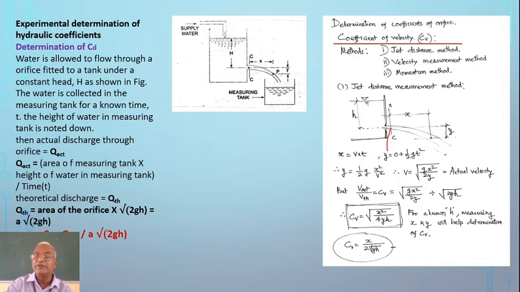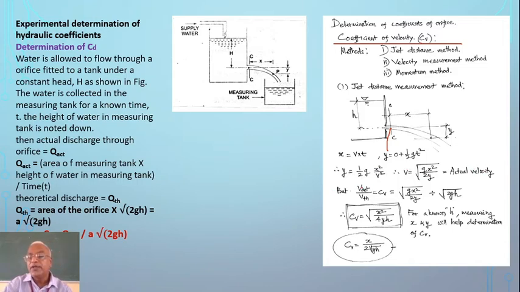If you get rid of t, you will be getting y equal to half g, and then t is x by v, x squared by v squared. Now if you simplify for v, you can just see here it is square root of g x squared divided by 2y, that is the actual velocity.